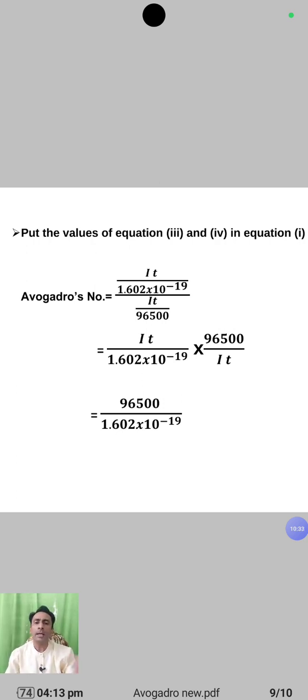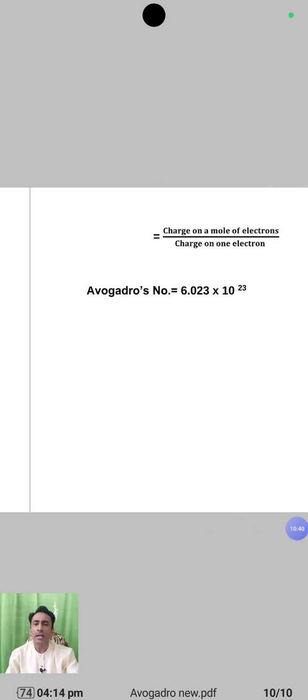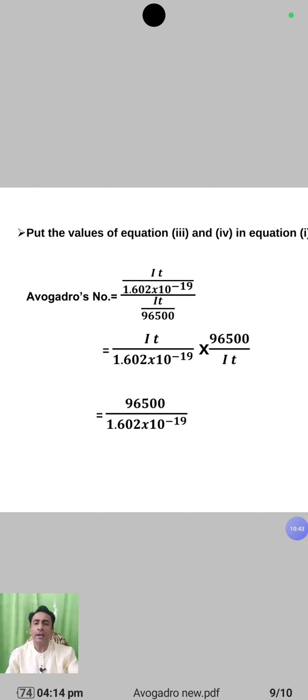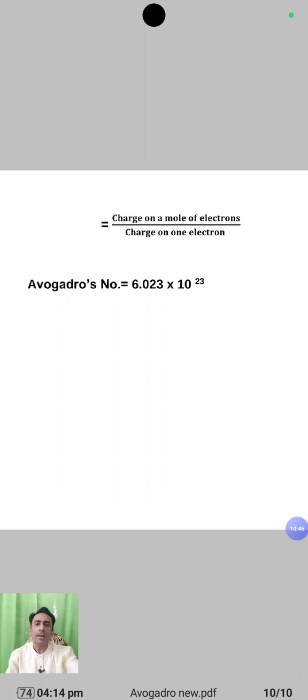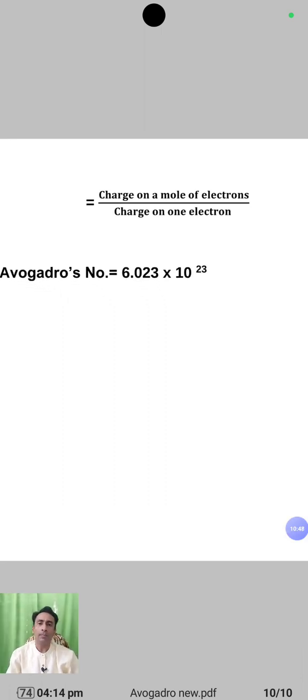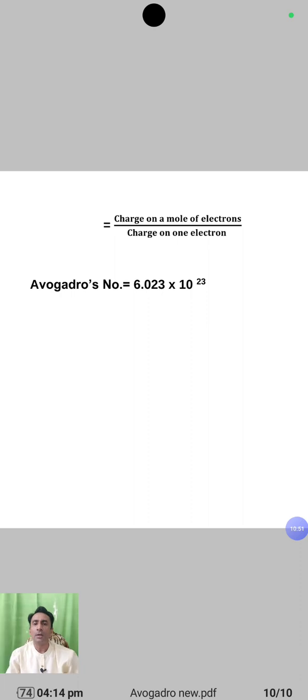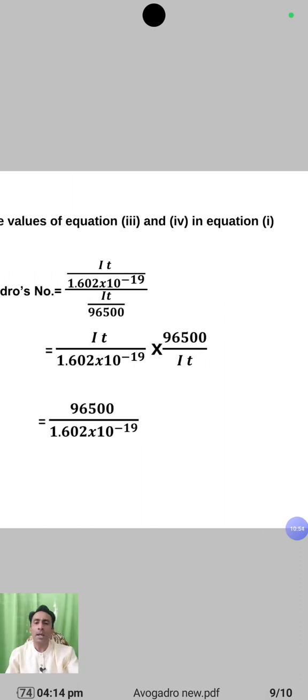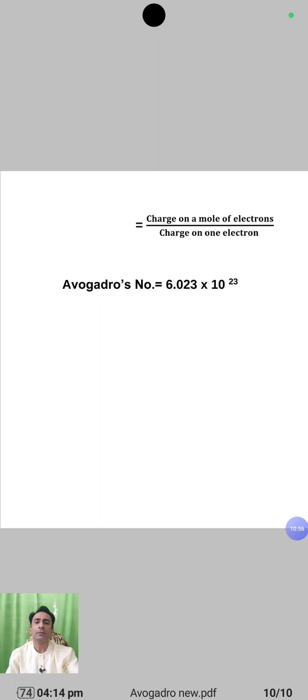So just by rearranging this equation, we get the final equation: 96500 upon 1.602 into 10 raised to minus 19, where 96500 is the charge on a mole of electrons and 1.602 into 10 raised to minus 19 is the charge of 1 electron. If you calculate this, the value comes to 6.022 into 10 raised to 23. That is nothing but our Avogadro's number. So this was the method that was used to practically determine Avogadro's number.